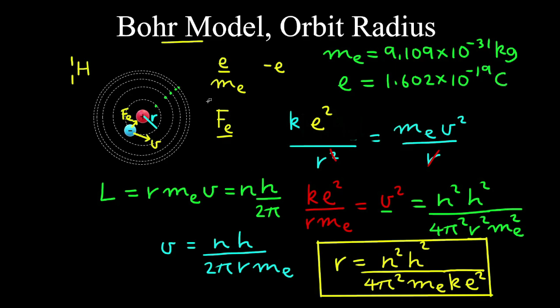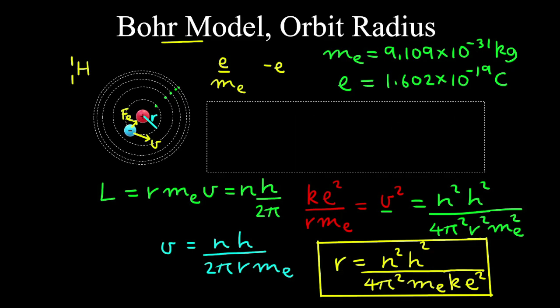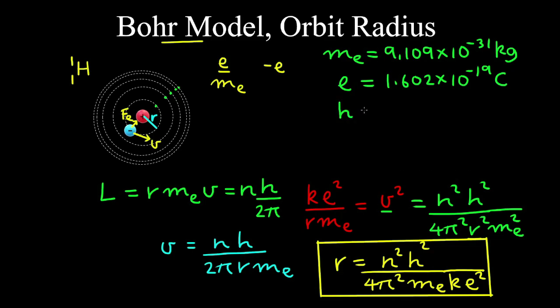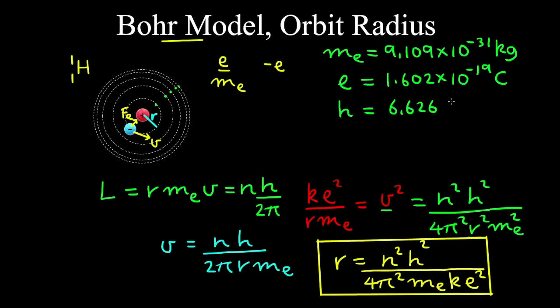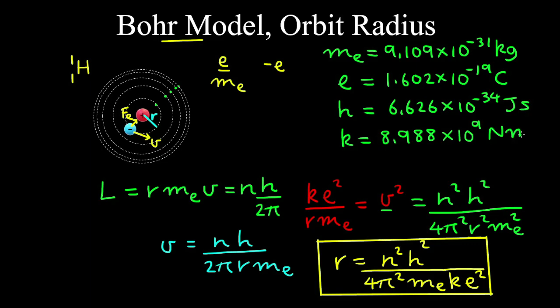So we know Planck's constant is 6.626 by 10 to the minus 34 joule seconds. And Coulomb's constant is 8.988 by 10 to the 9 Newton meters squared per Coulomb squared.